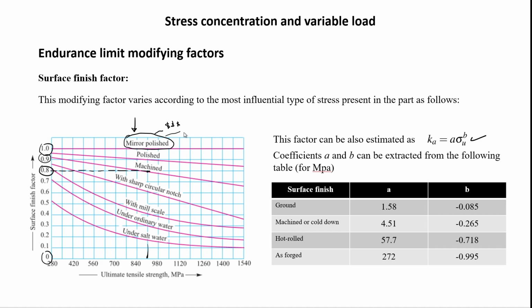But if you have a very rough finish on your material, then you might have a bunch of imperfections, and those imperfections are going to be the entrance door for fatigue to start, for a crack. That's why surface finish is important in fatigue design.